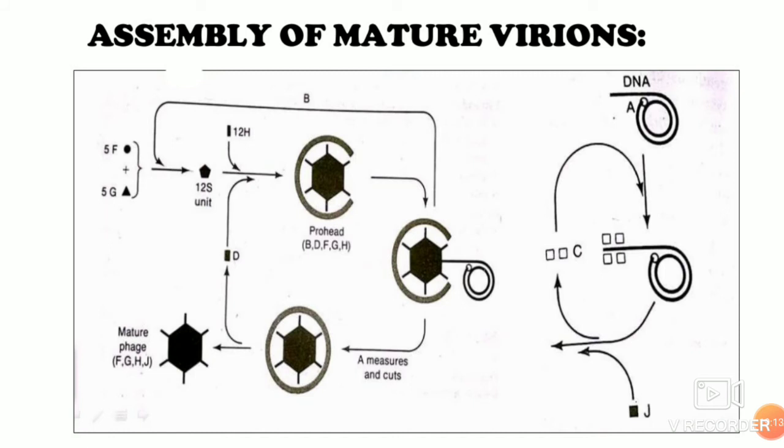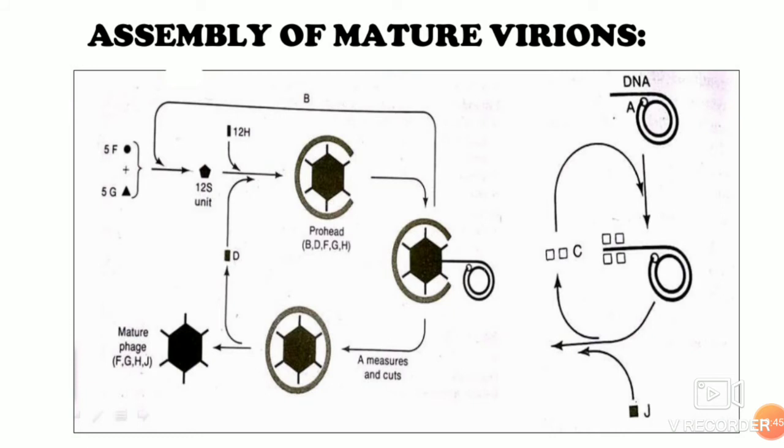Now the viral DNA is stabilized by C proteins along with the J protein, and this 12S complex assembles into the form of a pro head, and takes in the J protein, which is bringing the genomic DNA, and there is maturation of the virus.